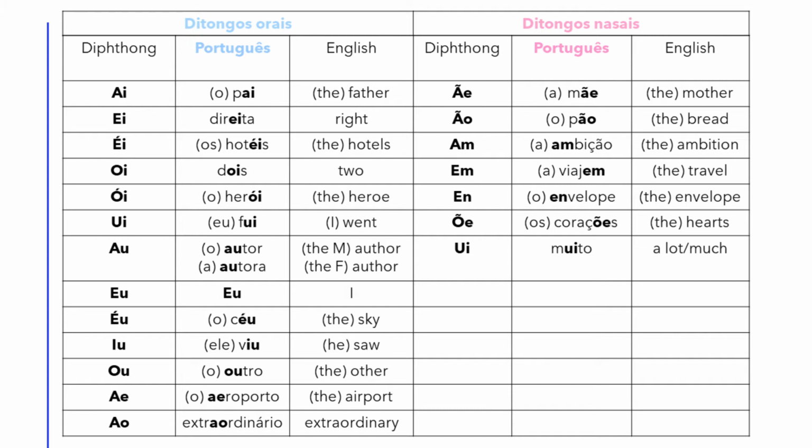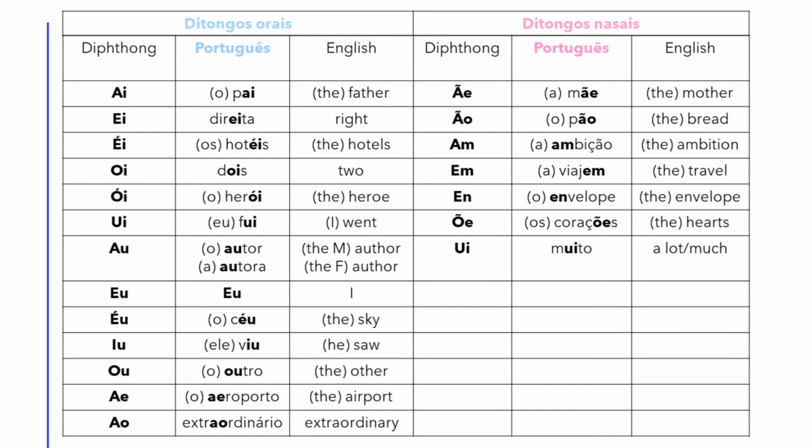Now we start with the first column, the diphthong. I, o pai, the father. A, direita, right.